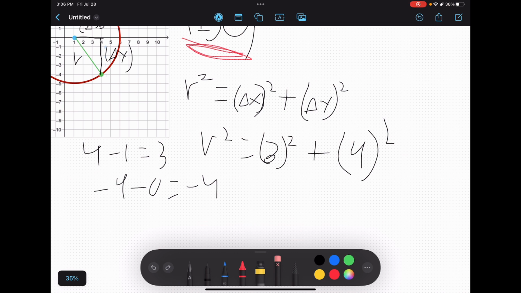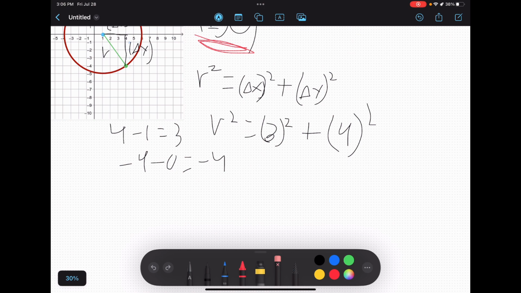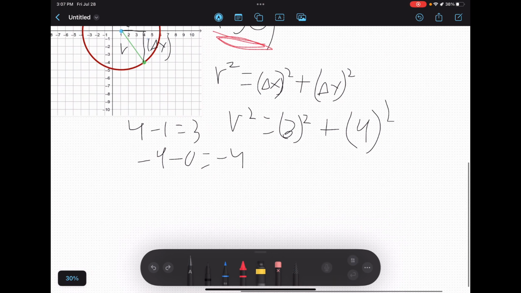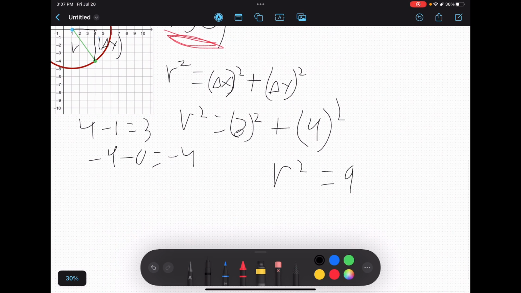Now we have to find the radius. r squared is equal to 3 to the second power, which is 9, plus 4 to the second power, which is 16.